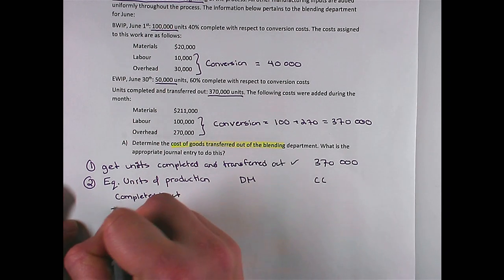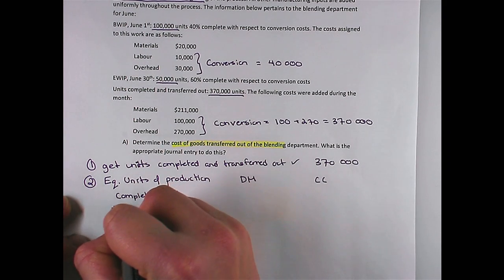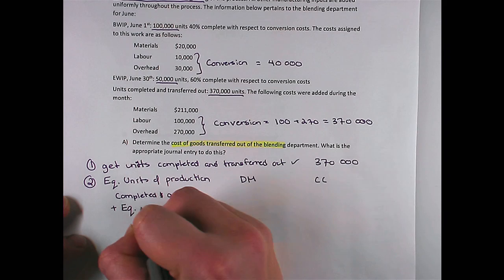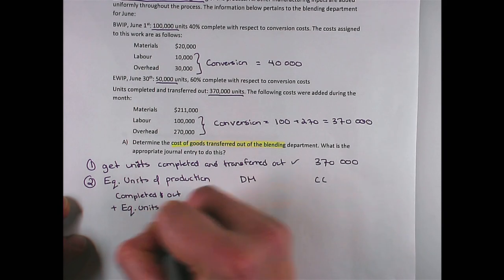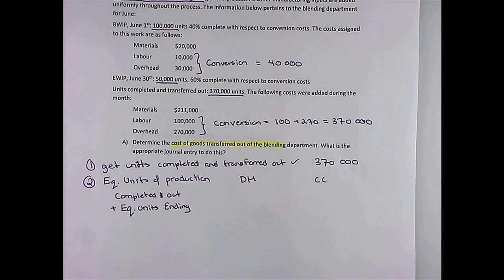So we're going to add to this. While that completed and transferred out is 100% done, we can count it as whole units. Our ending inventory, we're going to work with as equivalent units. Because if we have, let's say, 10,000 units, but they're only 70% done, we're going to count that as 7,000 equivalently done units, like whole units here.